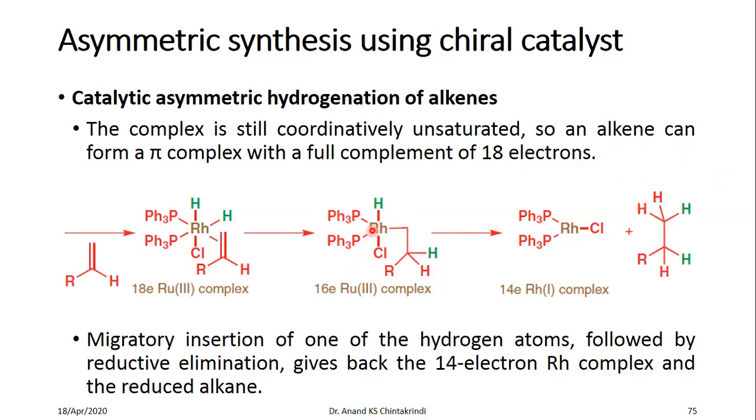But if you were to replace these phosphines with some chiral phosphines such as BINAP, what would this chiral BINAP do? It will give a preferential orientation to the forming of the pi complex. So S-BINAP would allow a certain orientation of this alkene here. These three steps are important when you are considering asymmetric hydrogenation: migratory insertion of one of the hydrogens followed by the reductive elimination.